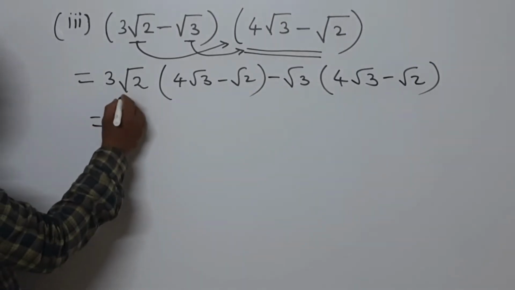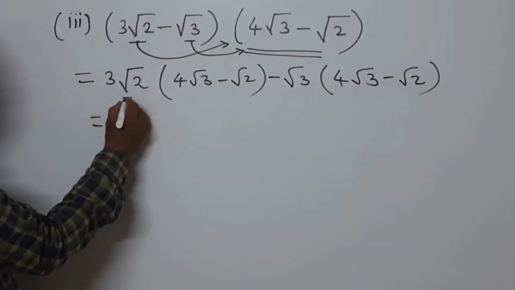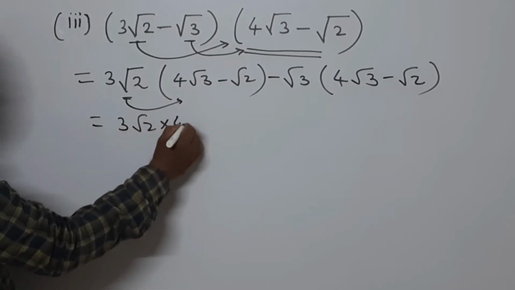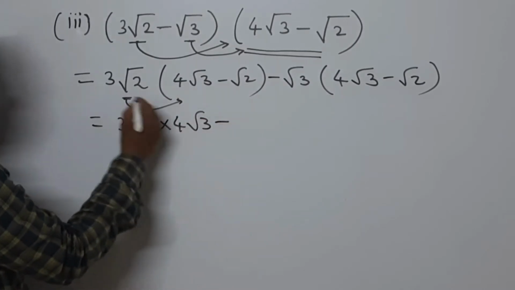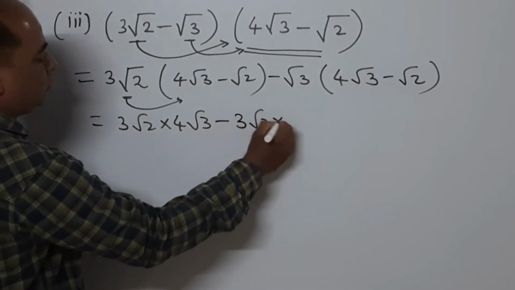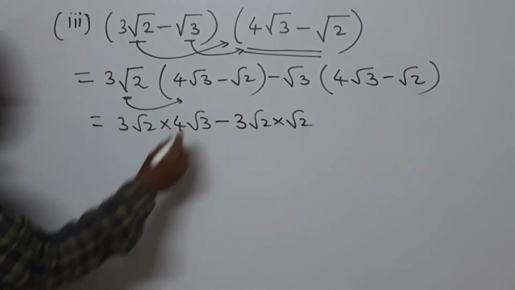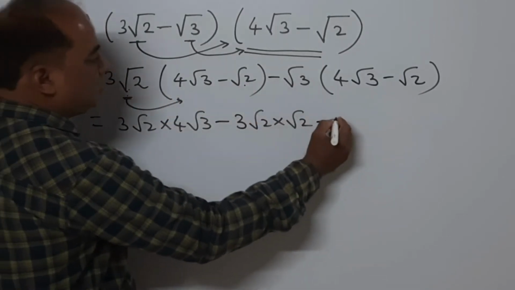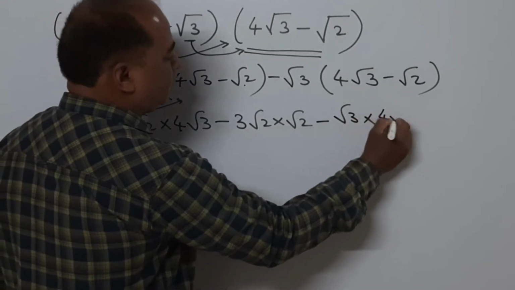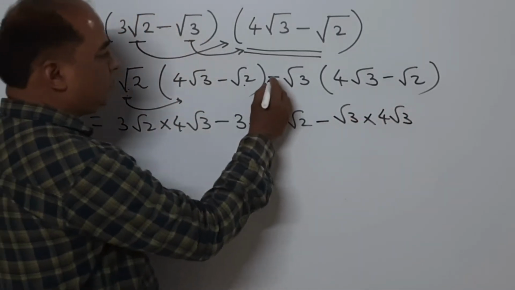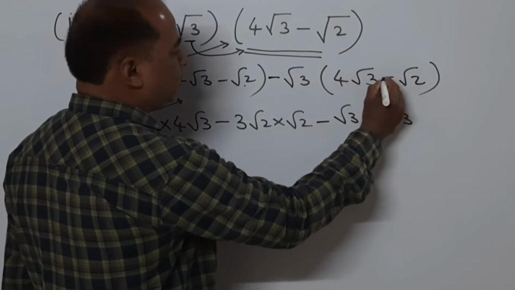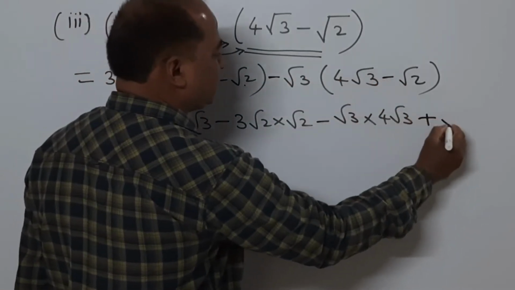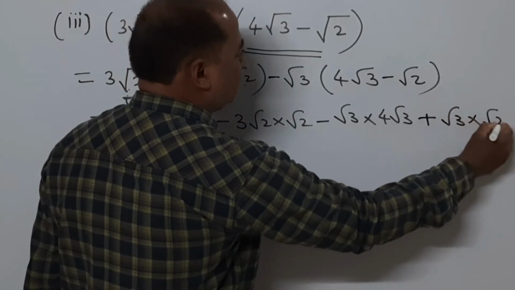Now opening the brackets, 3 root 2 into 4 root 3 minus 3 root 2 into root 2 minus root 3 into 4 root 3, and minus root 3 into minus root 2. So minus into minus will become plus root 3 into root 2.